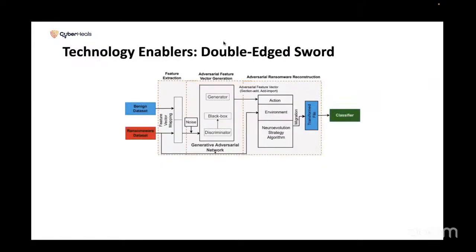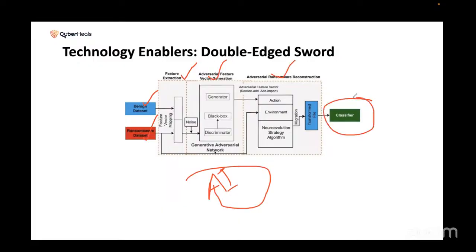It's a double-edged sword technology. They bring the ransomware data set. AI-based systems can be used to stop attacks, and also to create attacks. Do you all agree? They will create the feature vector generation, adversarial ransomware reconstruction, then the transformed file as a classifier.